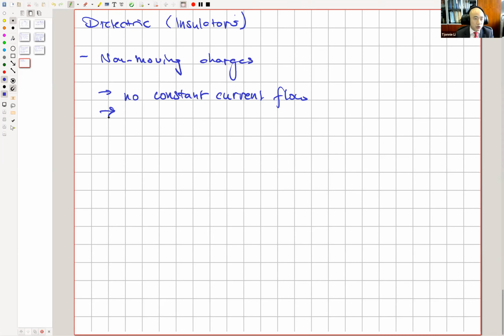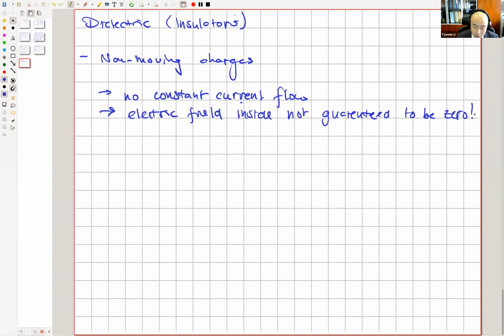So if there is an external field applied to it, it may be able to induce some motion, but not necessarily the currents that are needed to spread everything out. And so the electric field inside is not guaranteed to be zero.